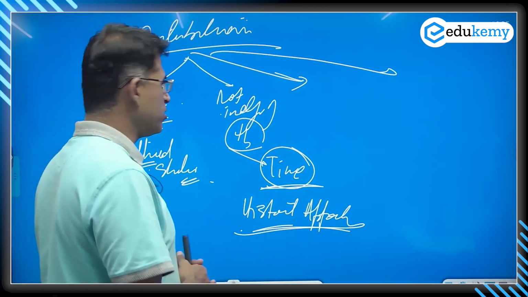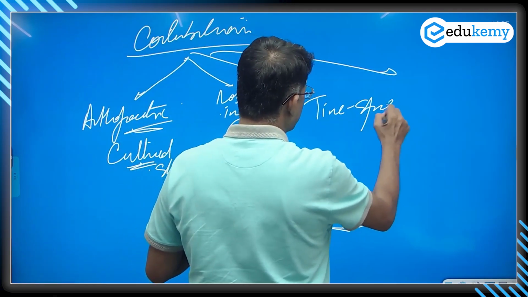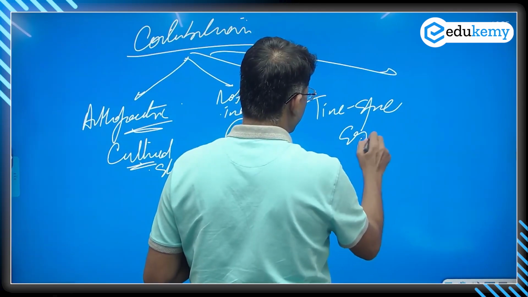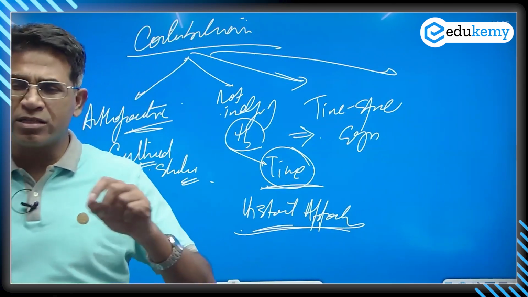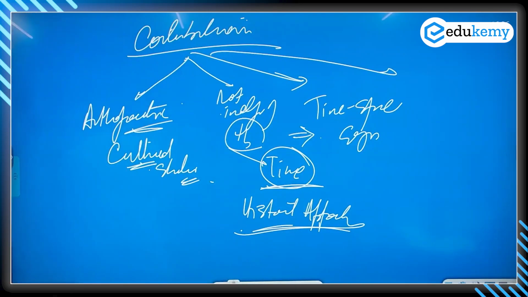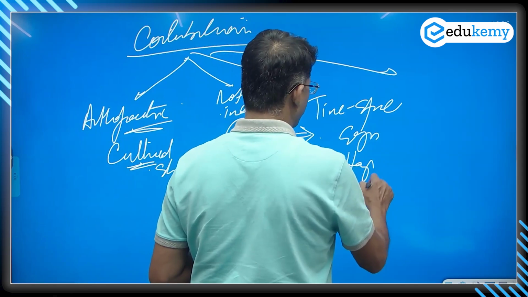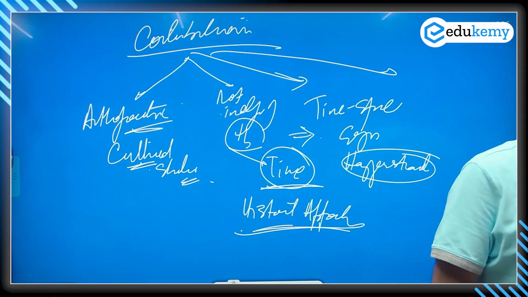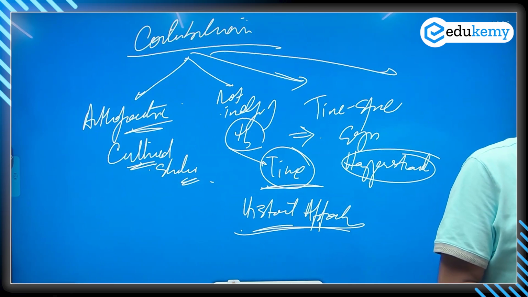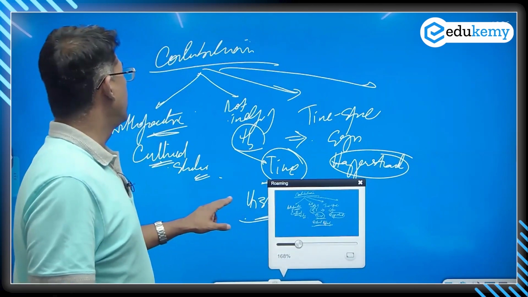Another contribution is time-space geography. The time-space dichotomy was removed, and time-space geography was largely the work of Hagerstrand. Kant ignored chronology, and he said chronology is different from chorology. This is a contribution of the time approach, the humanistic approach.